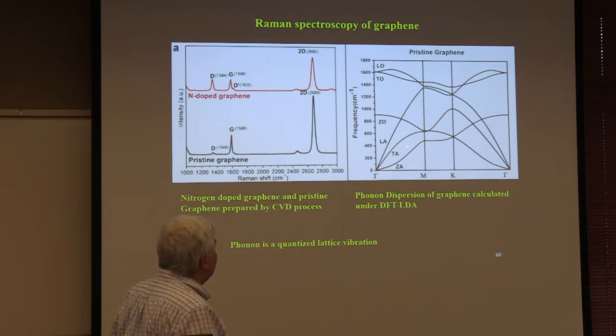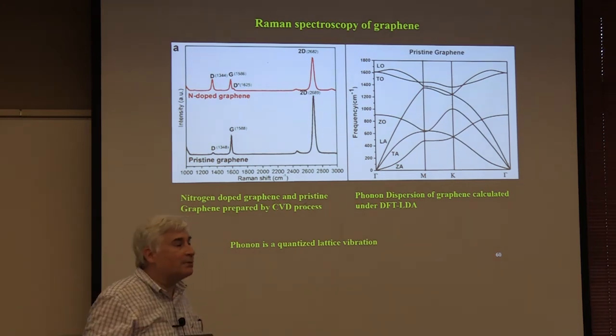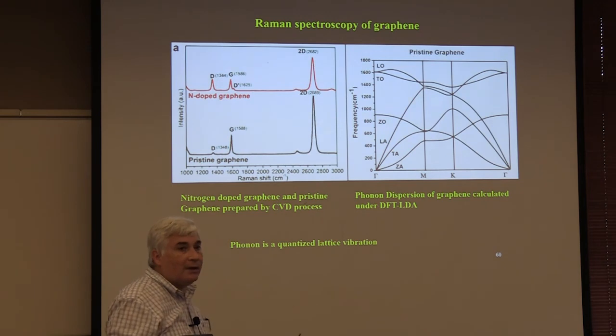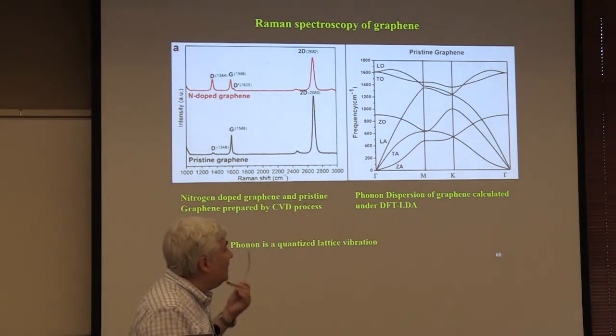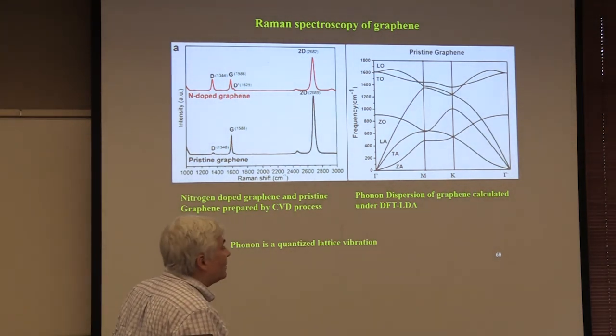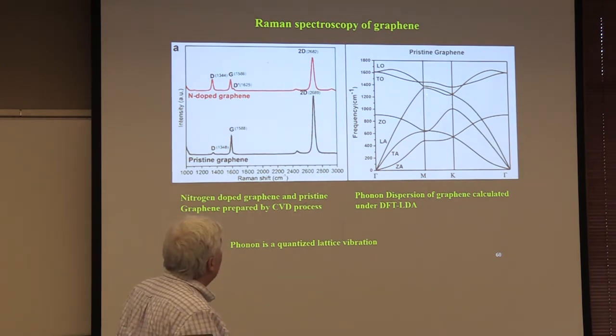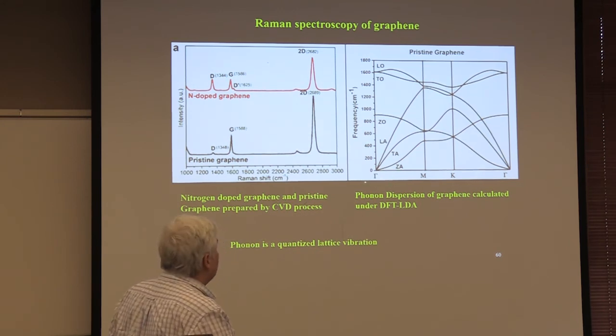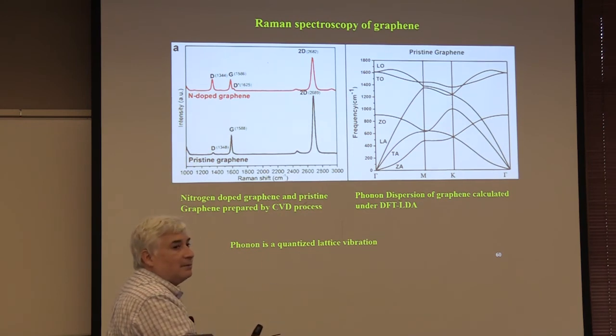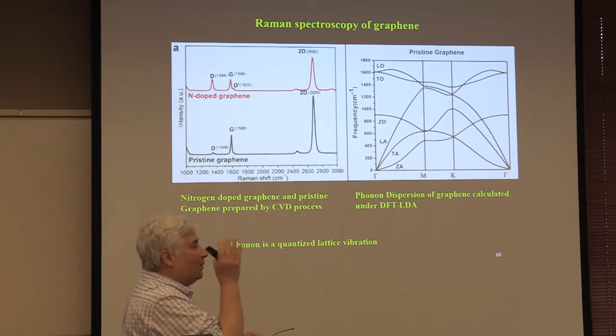Well, you calculate the phonon dispersion, and the phonon dispersion gives you all the information. This was calculated with LDA. It's very good to use LDA. It gives you all the information on what happens in your system, even when your system is doped. And you have to check just what happens at gamma, because you are exciting your system with photons.